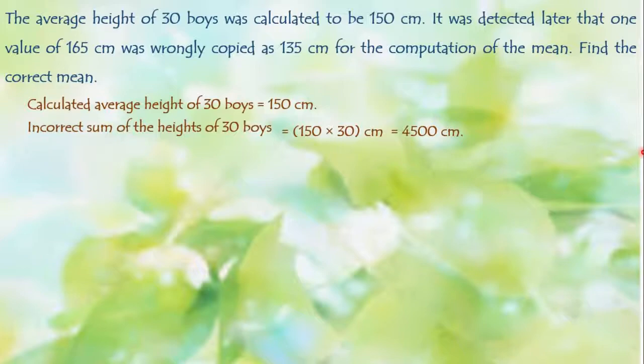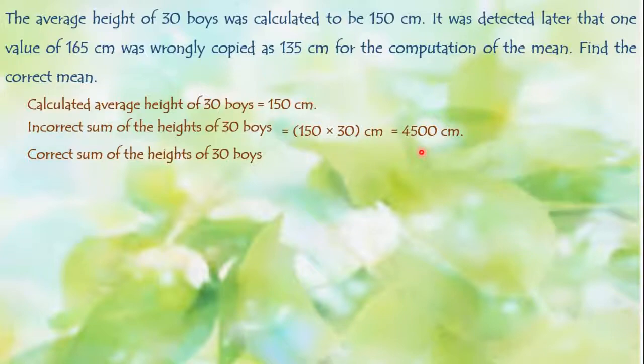Now, how can we find the correct sum? The incorrect sum is just adding the heights of 30 boys. Only one number was wrong. It is 135. So we have to remove 135 and add 165 to the incorrect sum. That will make the incorrect sum the correct sum.